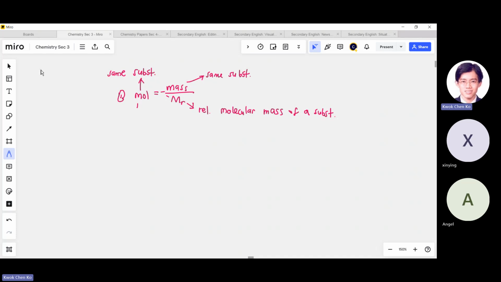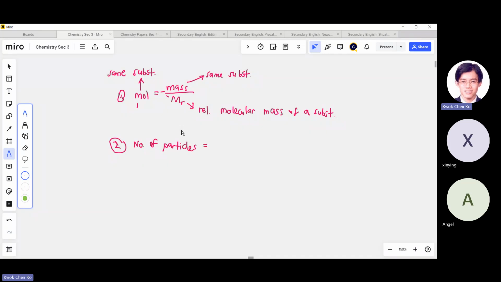Okay, so that is the basic one. Number two. Teacher, has your teacher gone through concentration? Oh, okay. The other one is number of particles. This one can be quite difficult to use as well, but you still have to know the formula.